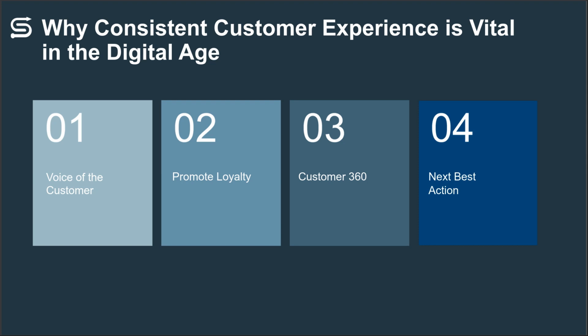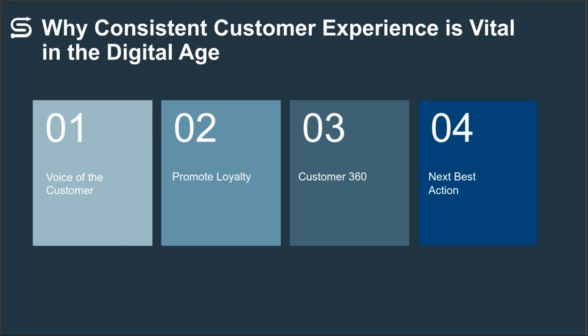So let's start off with our first topic, which is why the consistent customer experience is vital and how CRM helps you achieve that. So one, CRM gives you access to the voice of the customer. So you're really getting your interactions with your customer and tracking them all in one place. So if you're tracking a certain business process or instance of an interaction with a customer, you have that all together.